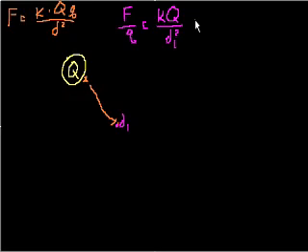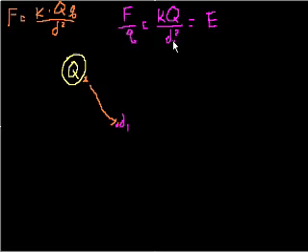Or we could say in general, and this is the definition of the electric field, right? And actually, this is the electric field at the point d1. And if we wanted a more general definition of the electric field, we'll just make this a general variable.